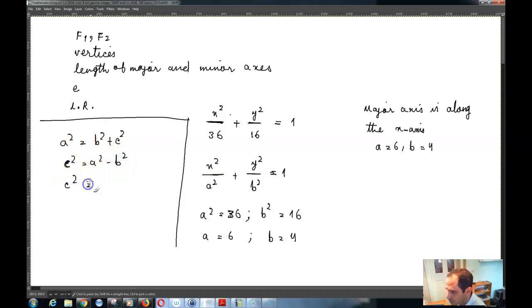So c squared is equal to 36 minus 16, which is equal to 20. C squared is equal to 20. That means that c is equal to the square root of 20.